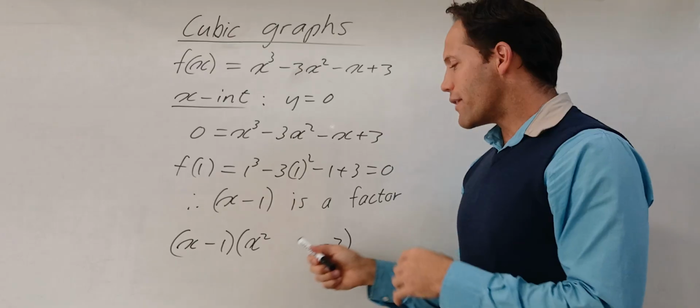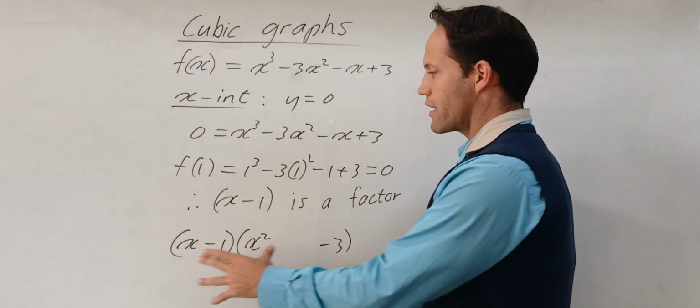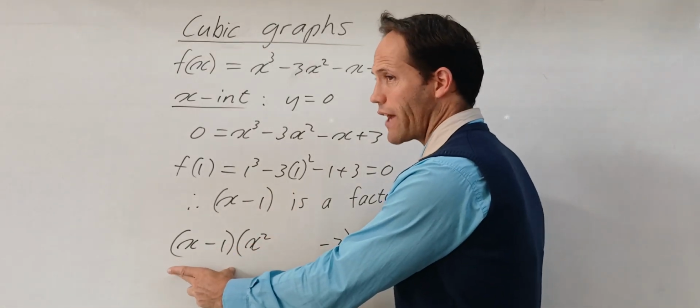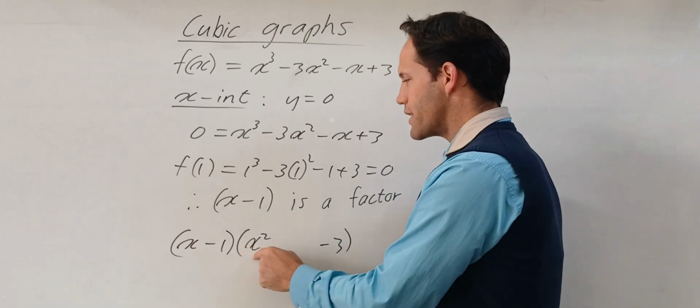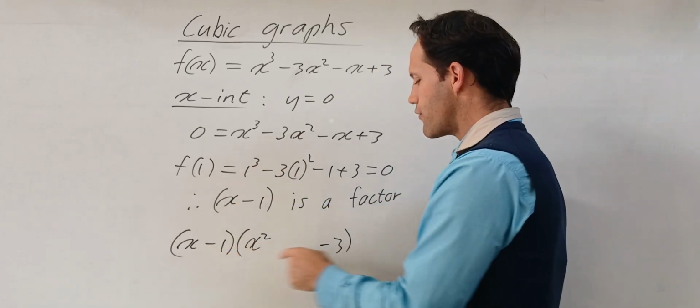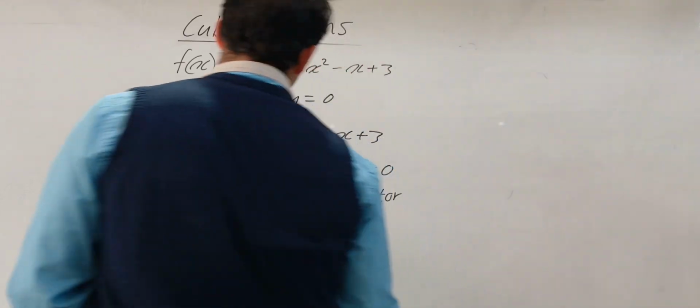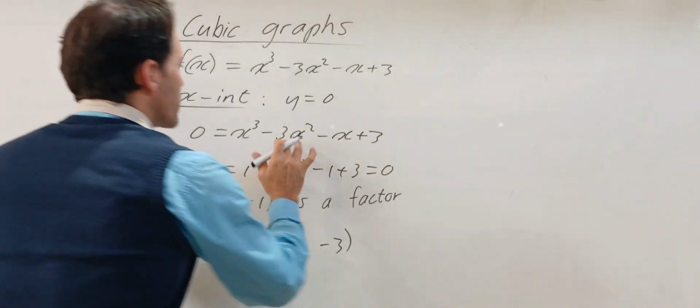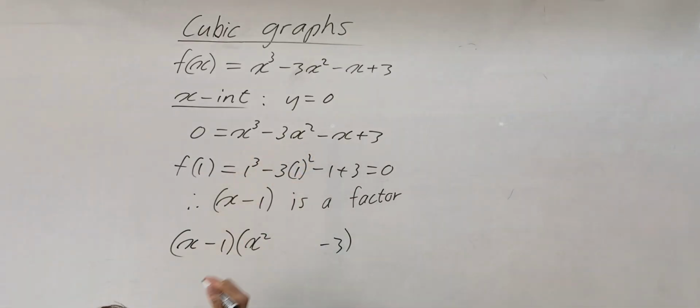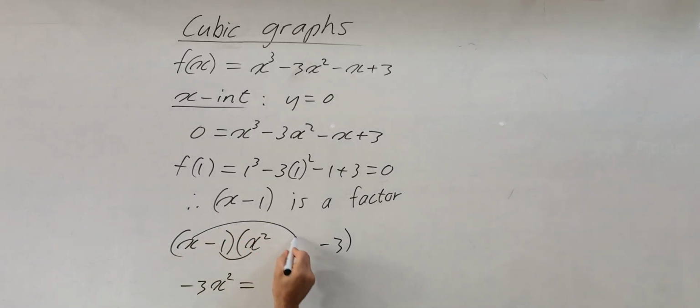Okay, so now we have to check the middle term when we factorize. We already know x minus 1 is a factor. Okay, x times x squared is x to the power 3. Negative 1 times negative 3 gives you plus 3. Now you can use that method where you ask, how do I get to negative 3x squared in the middle? Negative 3x squared must be equal to that one times that one, and this one times this one.